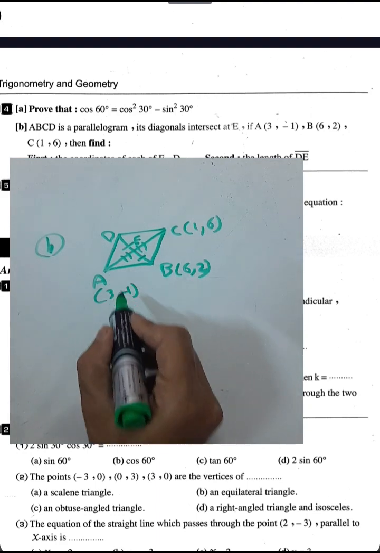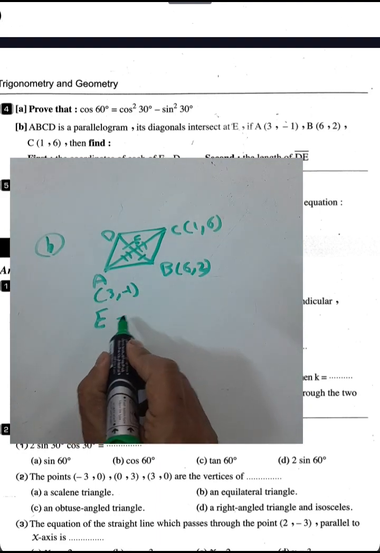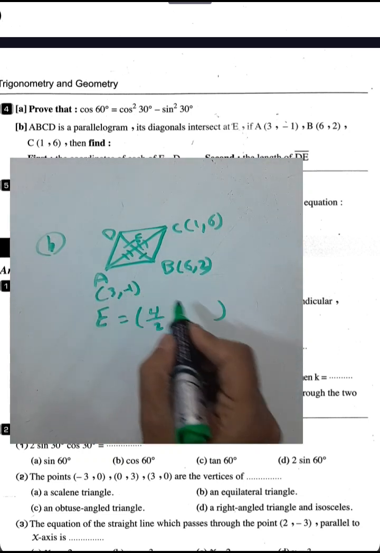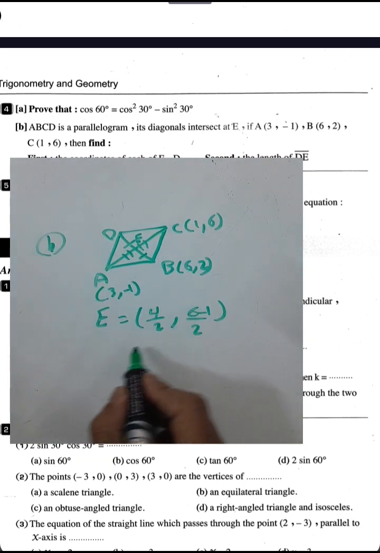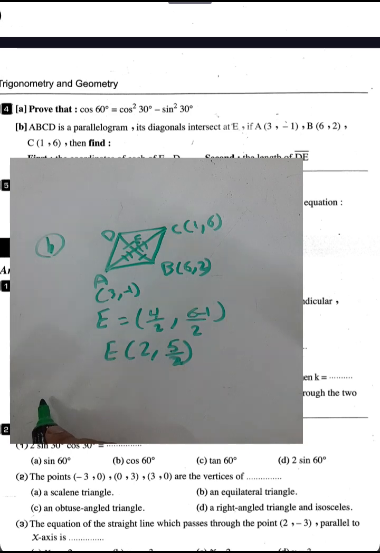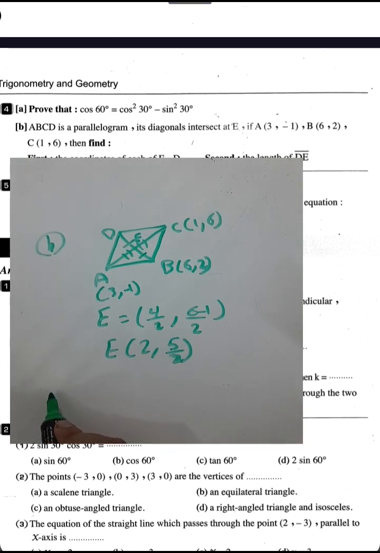He wants us to find the coordinates of E. We can write (1 plus 3) 4 divided by 2 and (6 plus negative 1) divided by 2. Then the coordinates of E will be 2 and 5 over 2. Okay, it's the coordinates of the point E here.